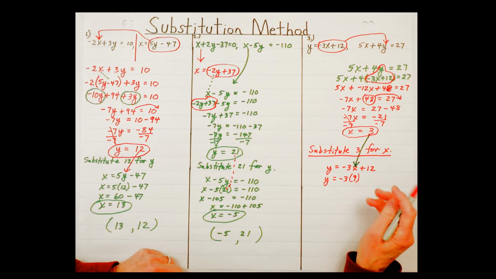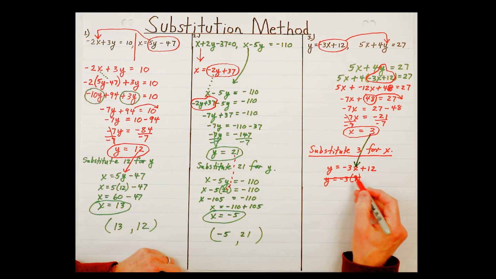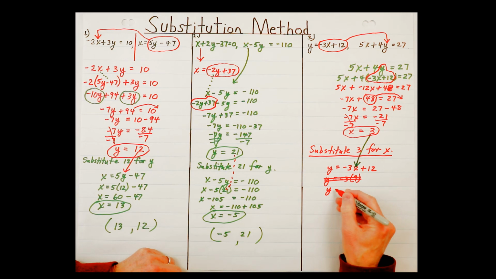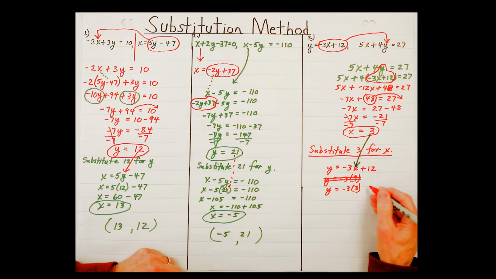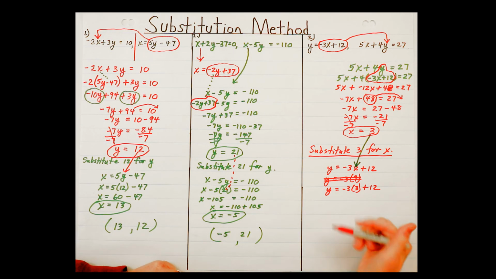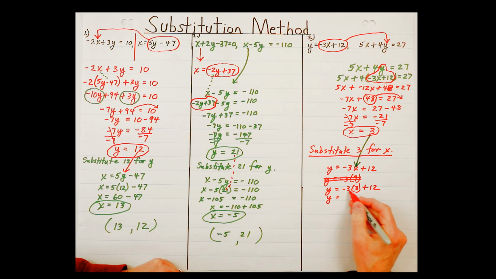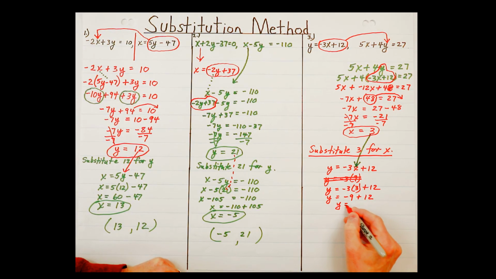My brain got ahead of me here. So, okay, I'm going to cross that line out and do it again. Y equals negative 3 times 3 plus 12. Y equals negative 9 plus 12, and then y equals 3.